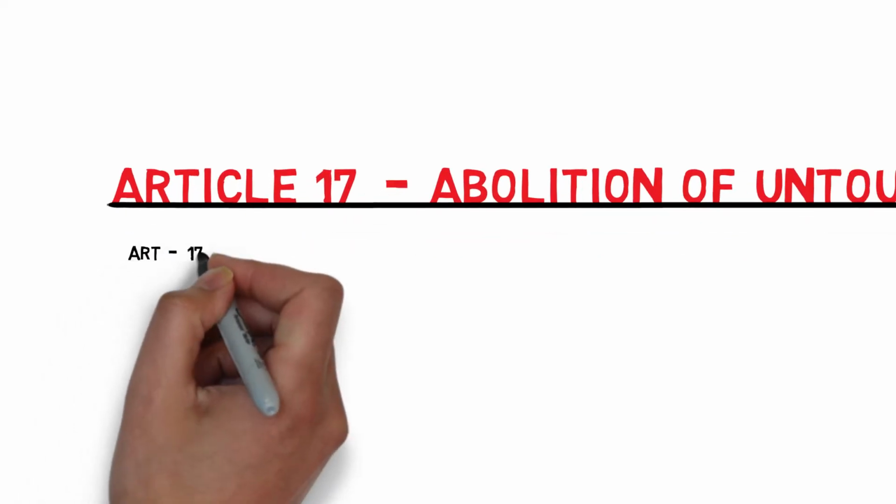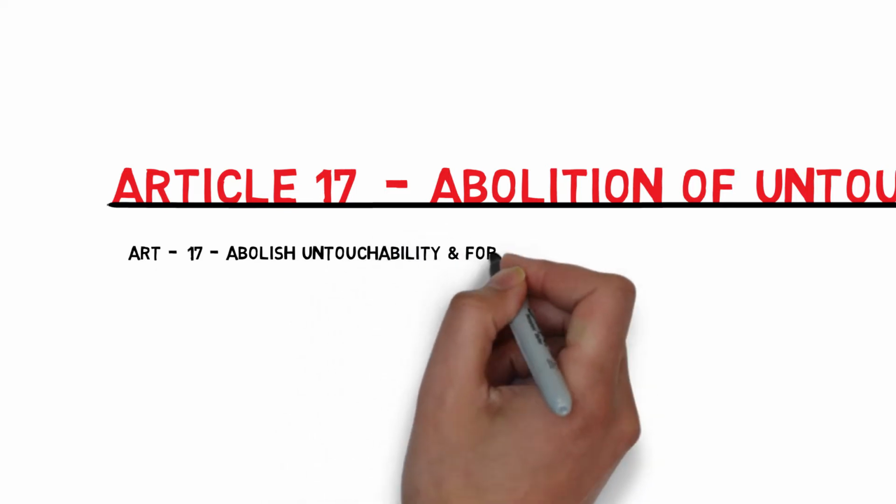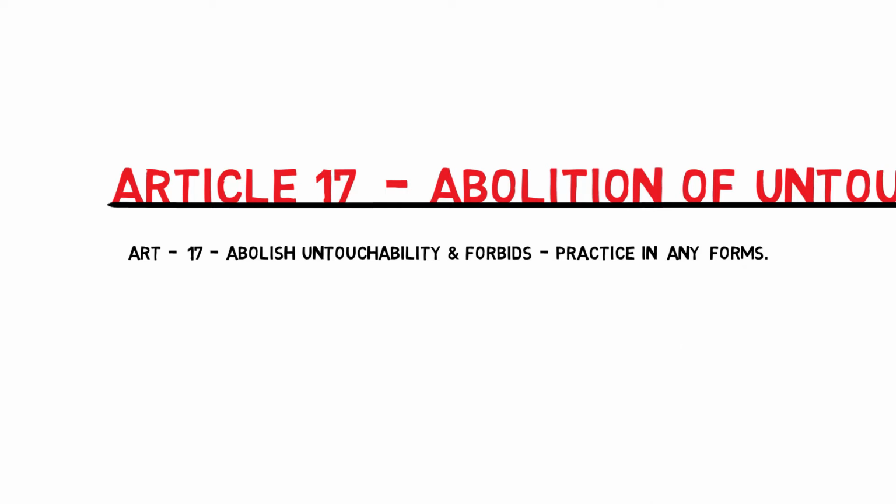So let us start Article 17, Abolition of Untouchability. Article 17 abolishes untouchability and forbids its practice in any form. In fact, practicing untouchability in any form has been made a punishable offense under the law.